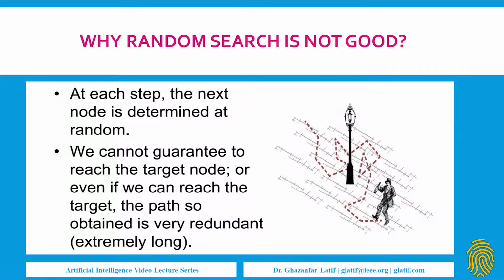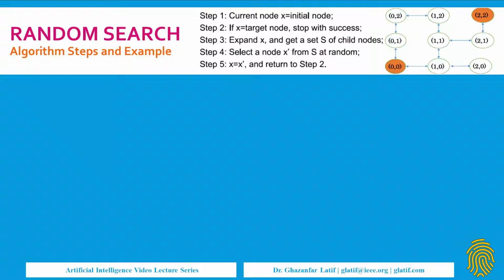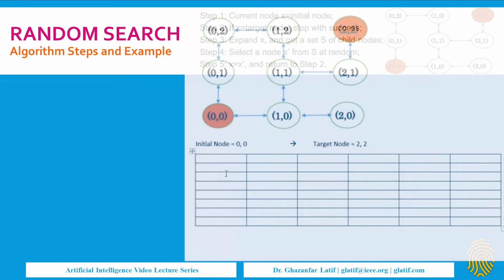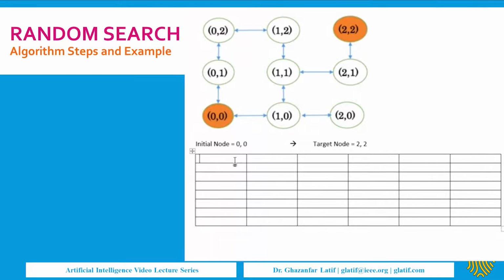So I will take the same example. We will try to go from one node to another straightforwardly, and then we will have a way where we revisit some of the nodes. I will try to solve it in an easy way. So I will create a table like this. This is the operation number, just 1 2 3 4 5 6 7, to show how many operations are required.